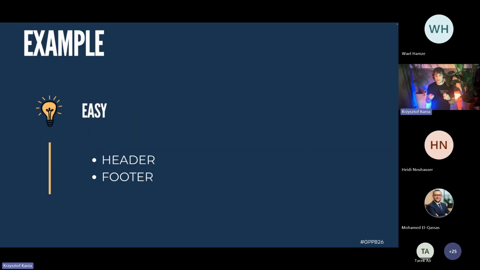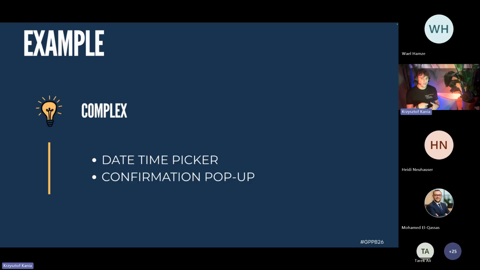So, examples of reusable code. For example, we took the simplest one available: header and footer. We can have a little bit more complex scenario: date time picker and confirmation pop-up.